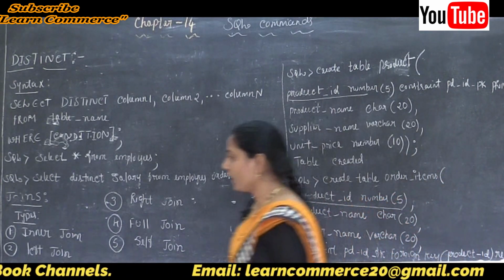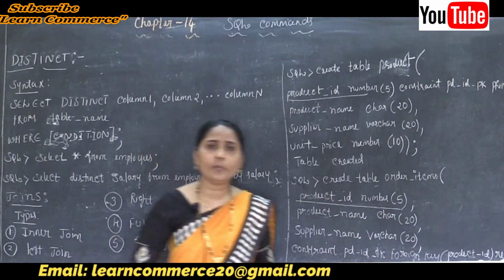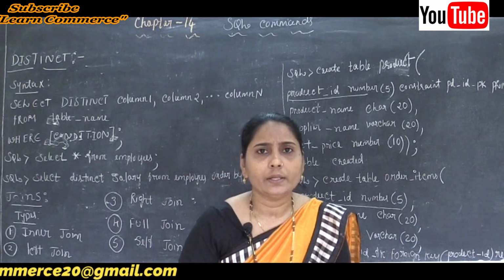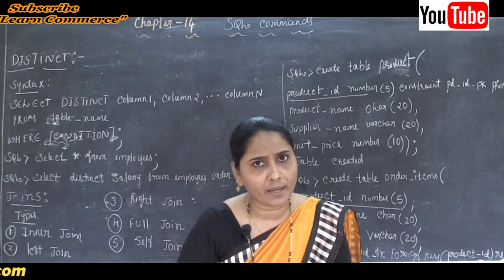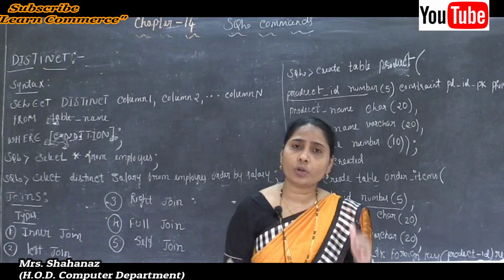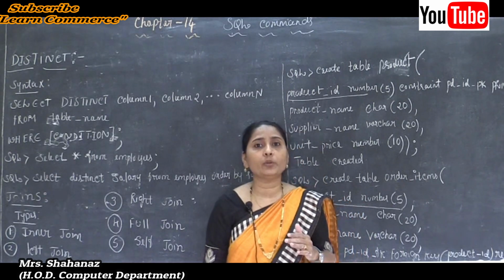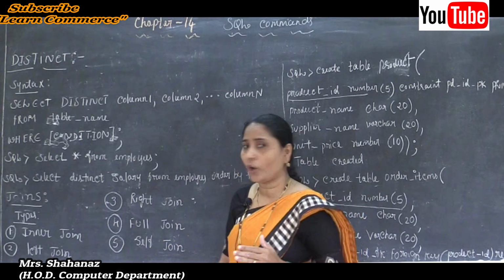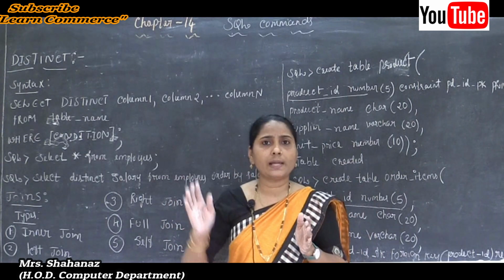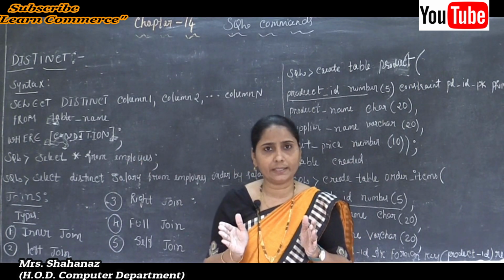The first thing is the inner join. What do we mean by an inner join? We know that join means to combine columns from two tables. Now I want to join some columns from the first table and some columns from the second table.